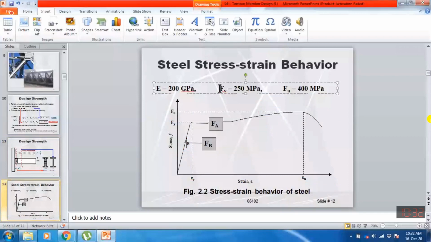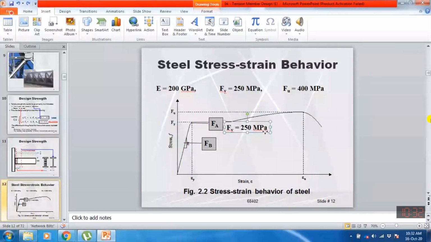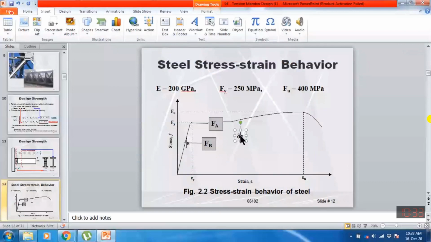You know that at this point, strain is equal to change in length divided by total length.